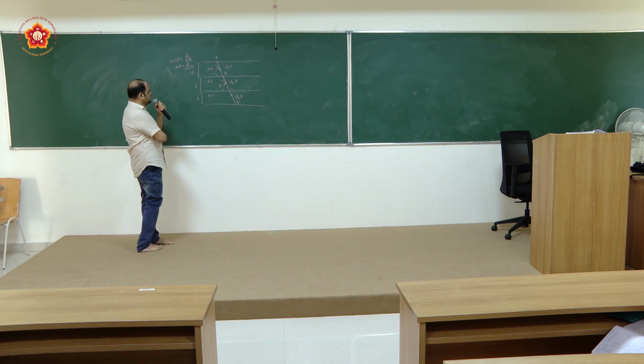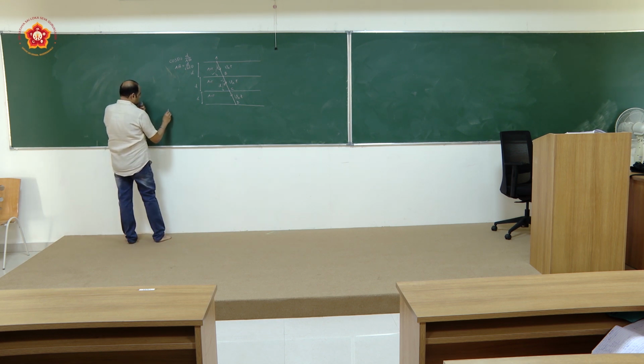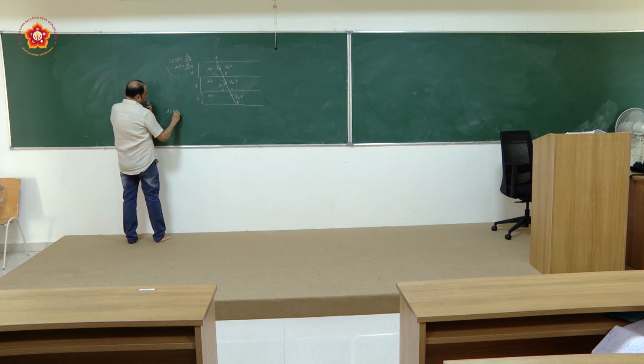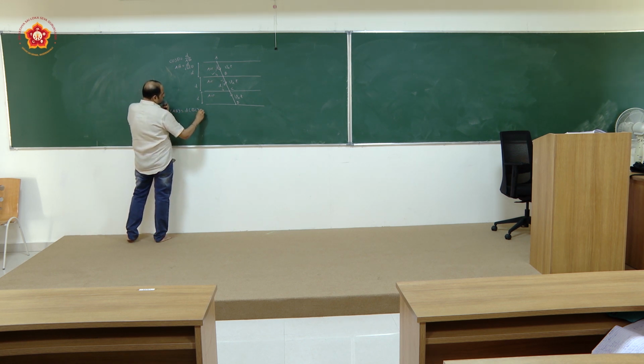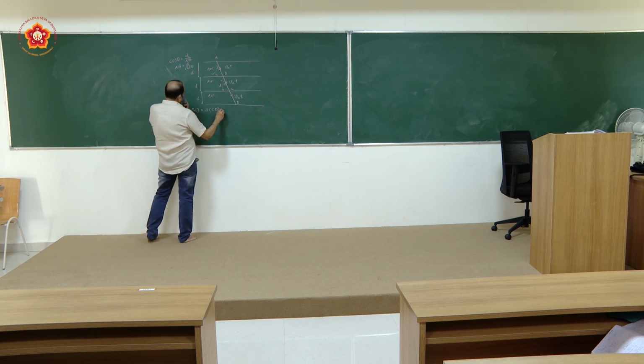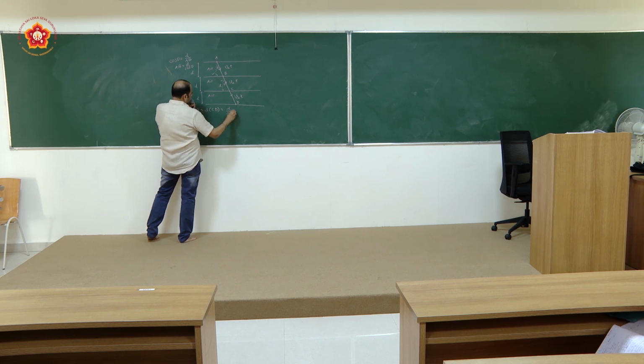So can I say that the distance AB will be equal to distance BC, will be equal to distance CD, and that will be equal to D upon cos theta, because everywhere the angle would remain theta only.